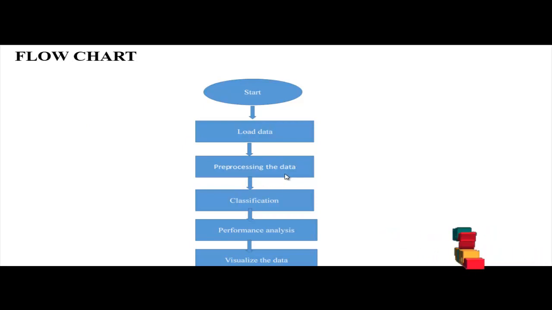In the pre-processing step, we find the missing null values. If there are any missing values, we have to replace them. After that, we use the label encoding method.